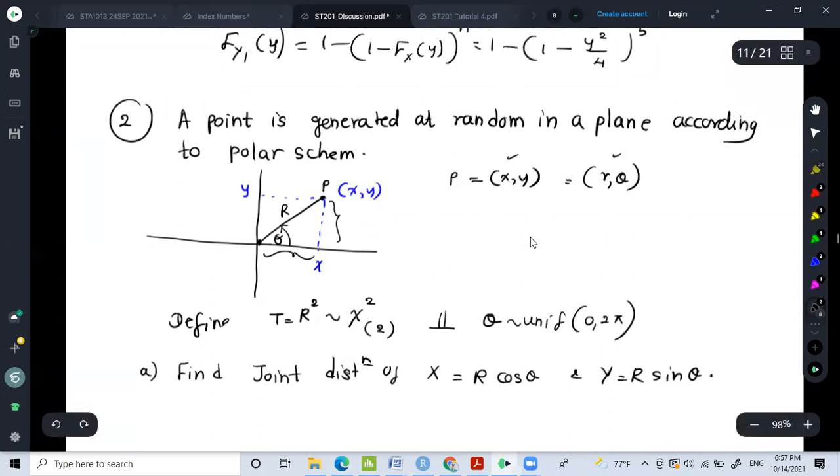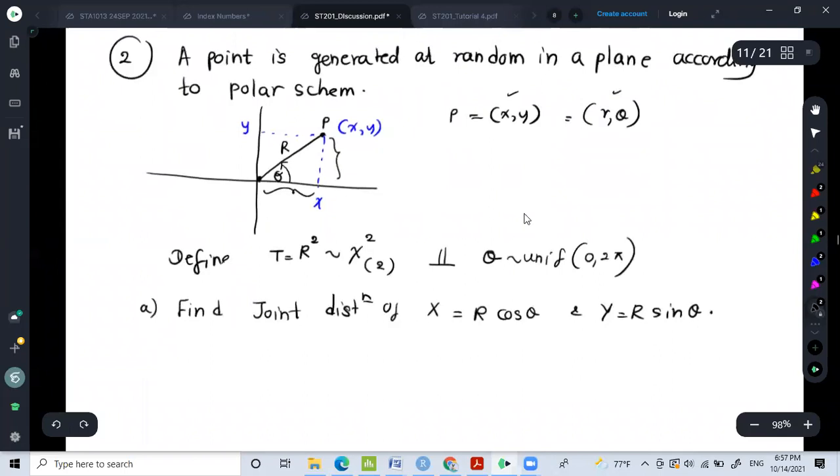So that we know. So you have to find the joint density of X and Y. The polar coordinates are there, their relationship is given. So how are we going to do this? Again, we are going to use the Jacobian and do the transformation.